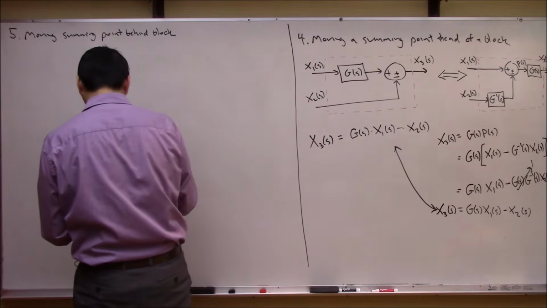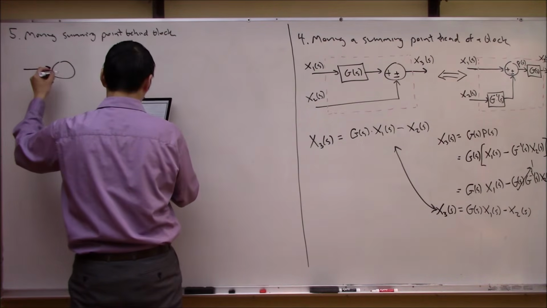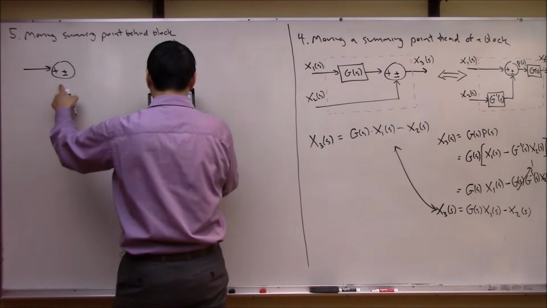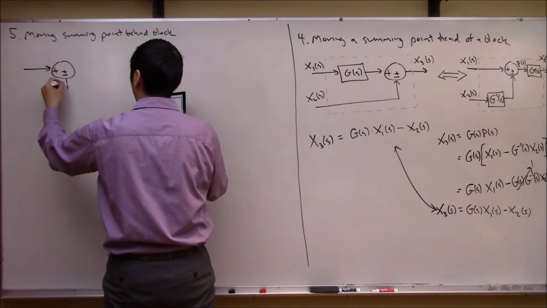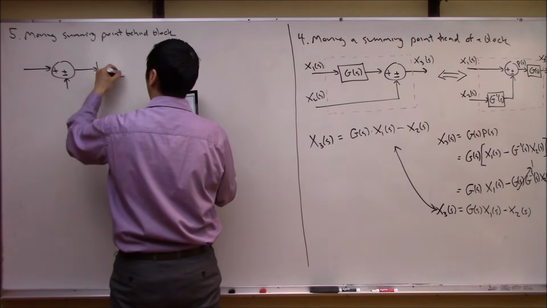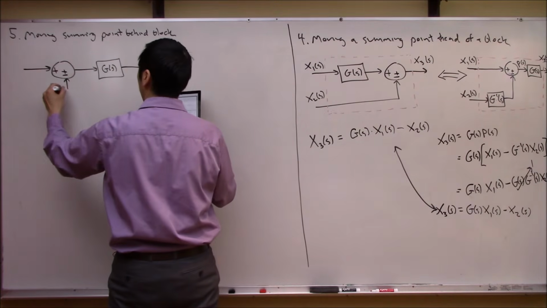So number 5, we're moving it behind the block. Now you've got a summing point here, and let's use our notation we just talked about. Let's say plus minus. This second input can be whatever you want, a plus or a minus. And this is now g of s, like such.